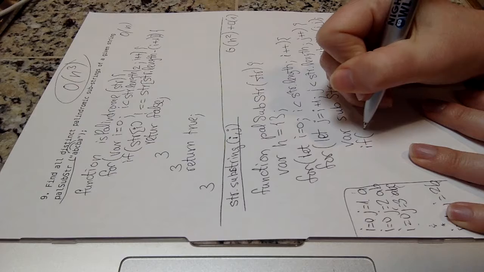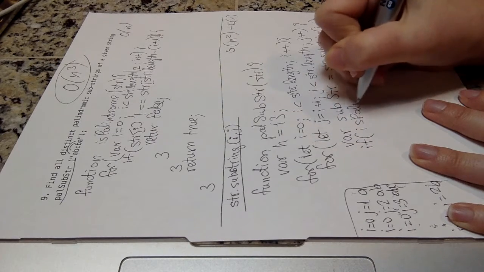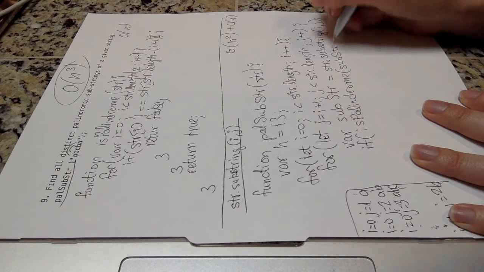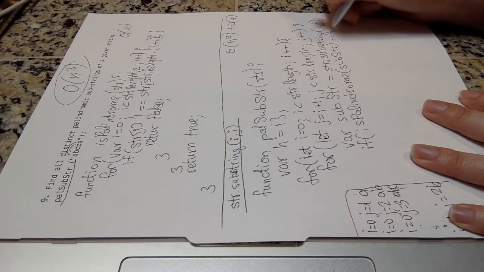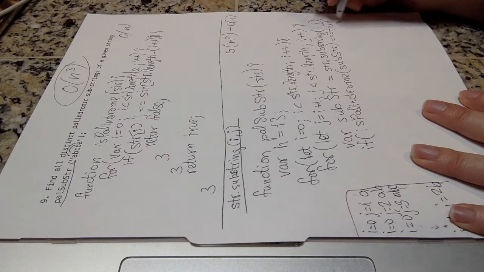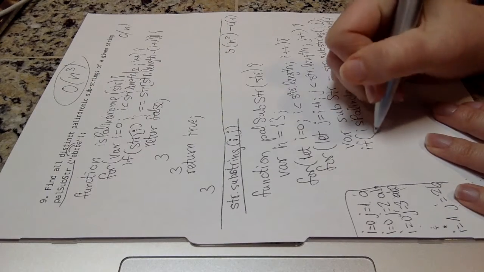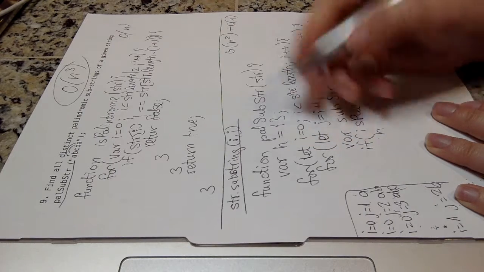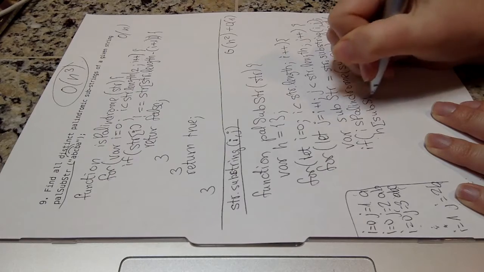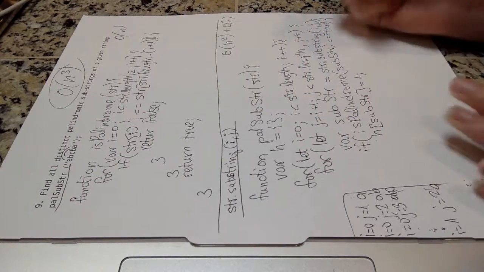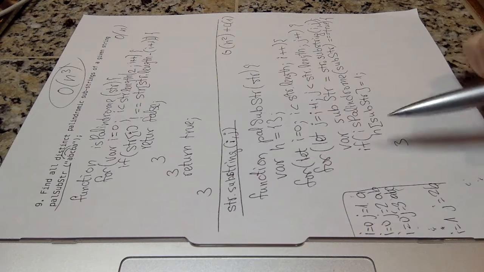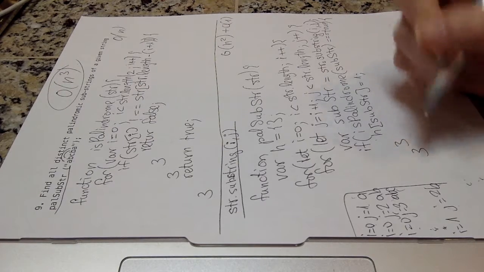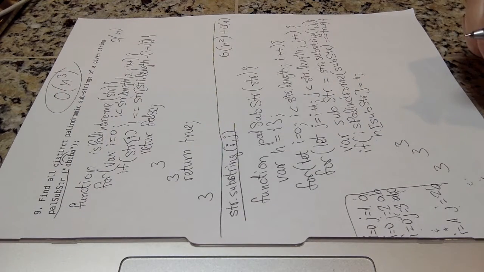So I will run isPalindrome on my substring, and if it's true, then I will save the substring into my hash map and give it a value of 1. I need to close my if, I need to close my for, I need to close my for.